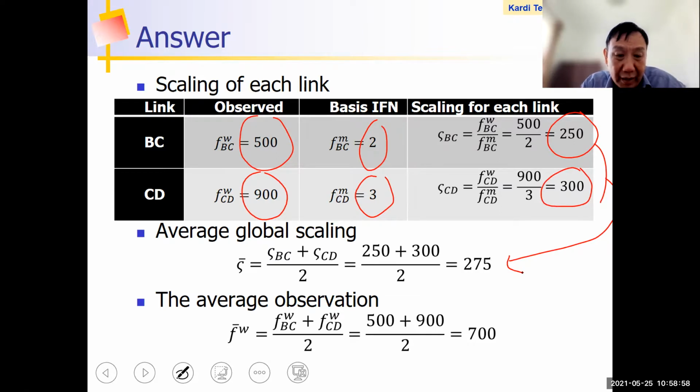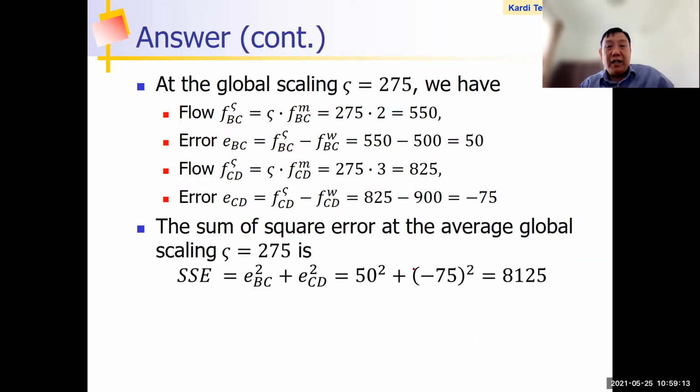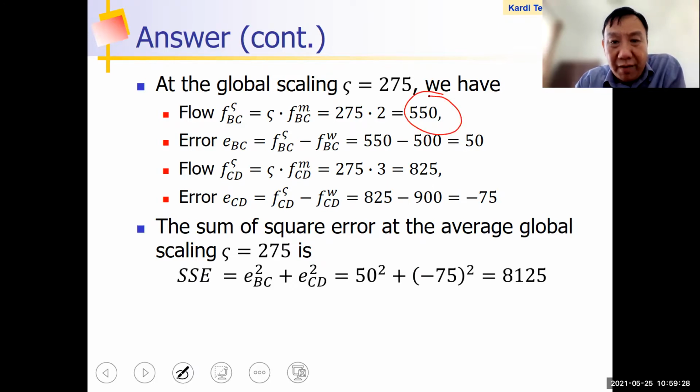And then you get the average observation, which is 500 plus 900, and because you have only 2, it becomes 700. Next, if you try using 275, then the flow of the scaling will be 550 in BC and 825 in CD.